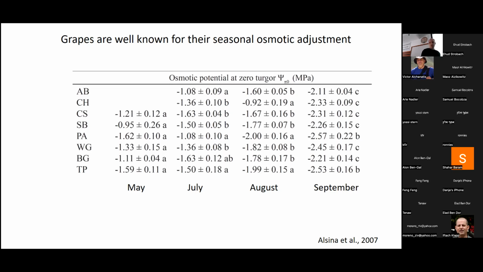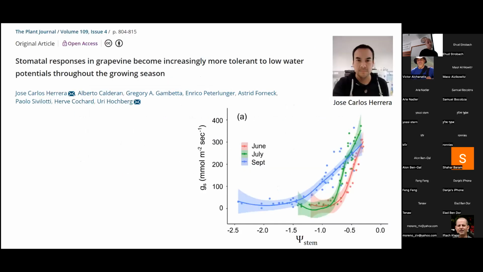And in coordination with this osmotic adjustment, we just published earlier this year, in collaboration with Jose Carlos Herrera, that there is a shift in stomatal closure, okay? Basically, if you measure stomatal closure, this is in potted vines, we allow them to dry while measuring their stomatal conductance and water potential. So you see that in June, stomatal closure occurs at minus 0.6.